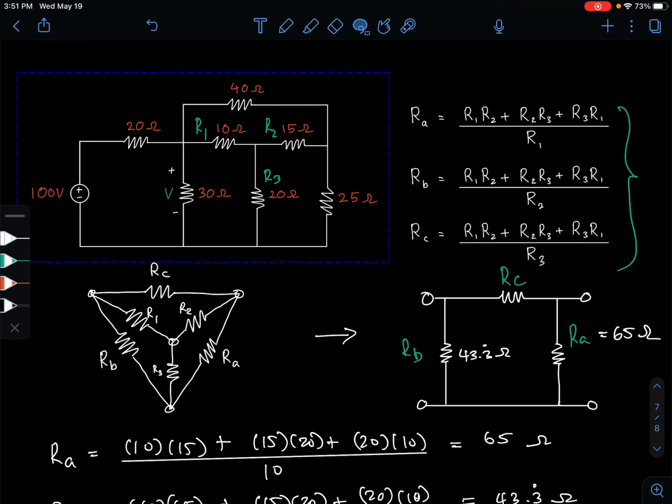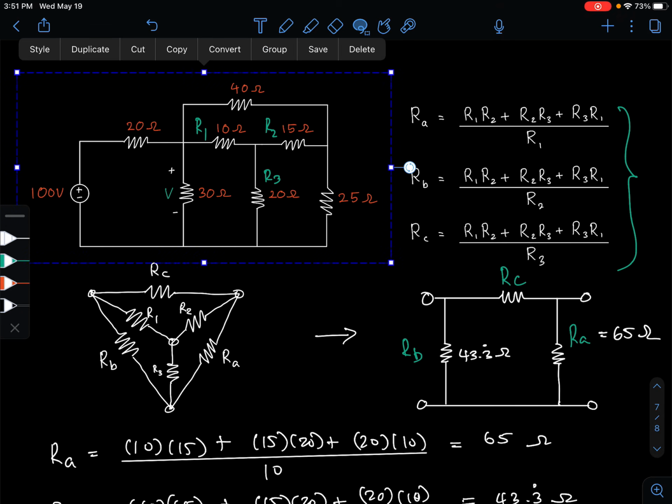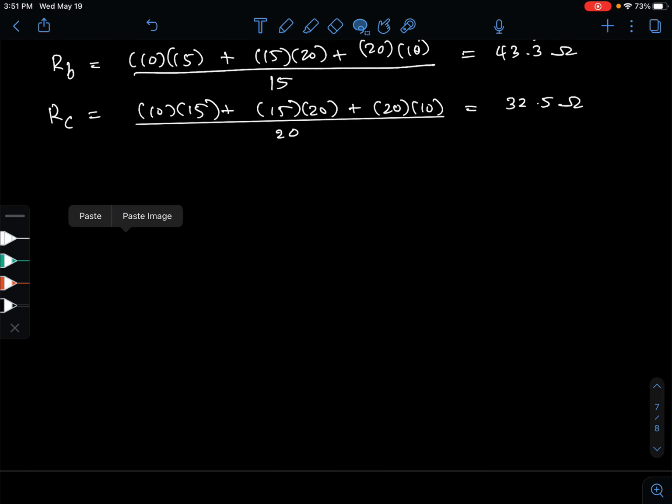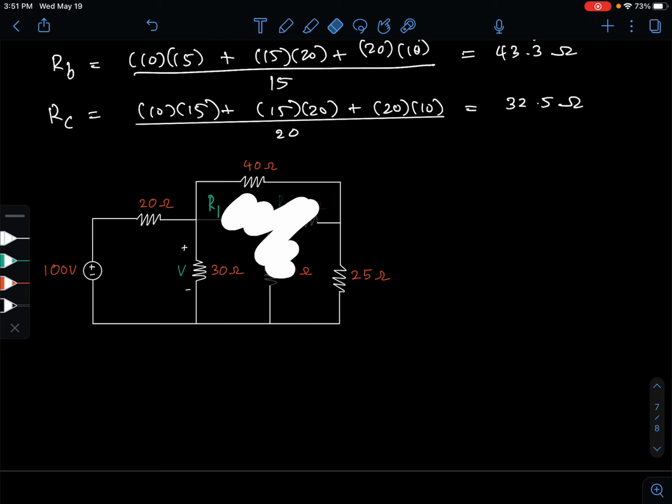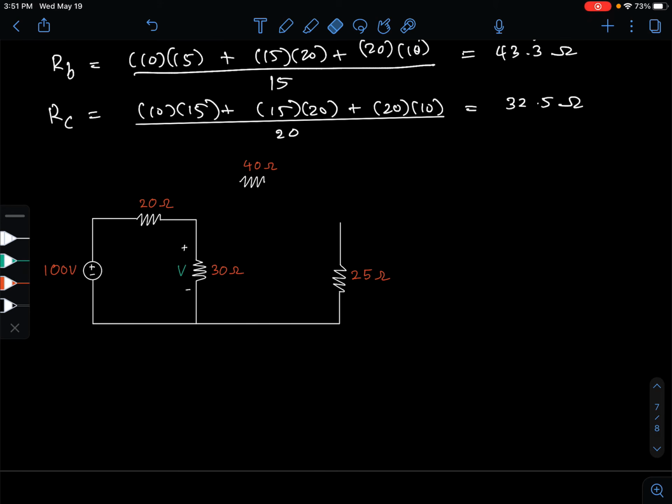So let me just copy this and paste it over here. And let's begin to convert the circuit. So this T turns into a delta, and that is as follows. We get a resistor over here. Let me erase this and write it a little bit smaller.